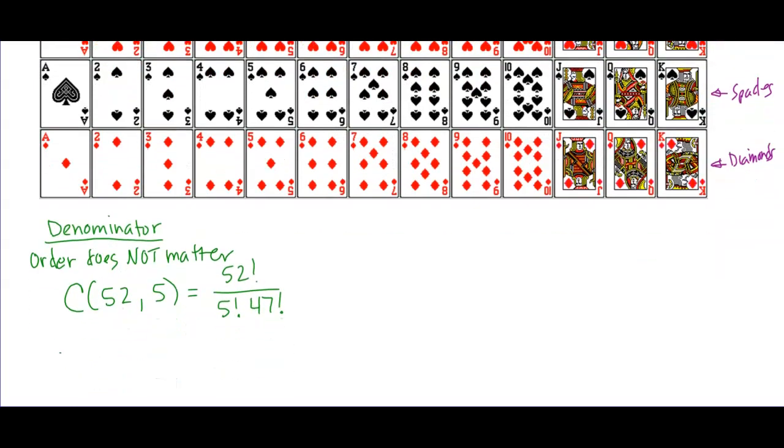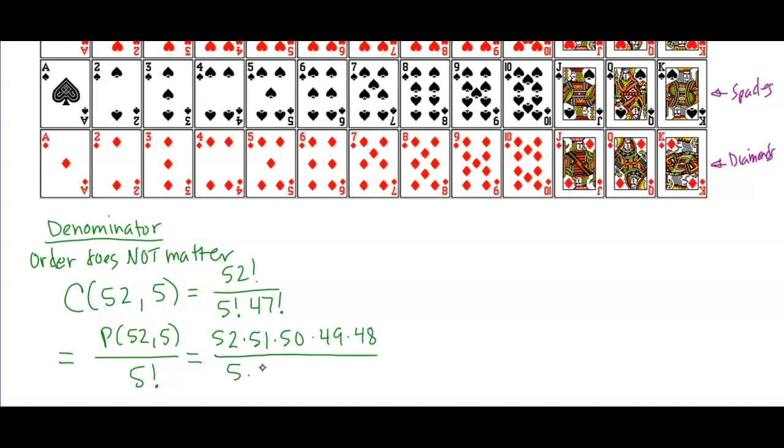Or the alternative way would be to do permutations, 52P5 over 5 factorial. And since 5 is fairly small, it's probably easier to use this version of it, where we write out the first 5 terms of the factorial for the numerator and stop.